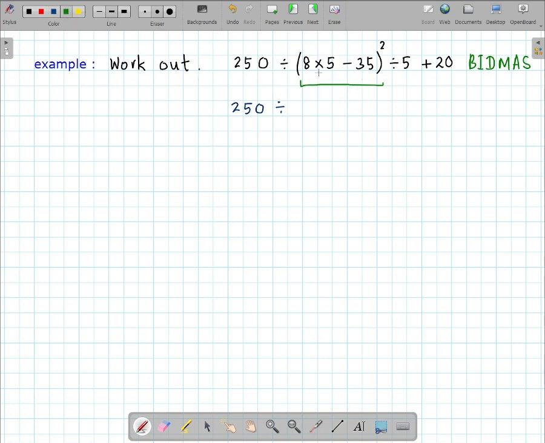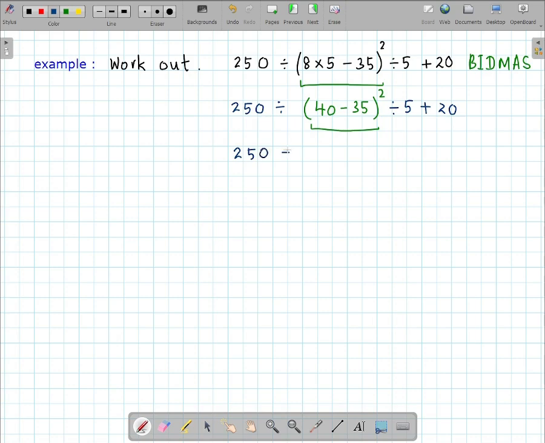So 8 times 5, that is 40, subtract 35 to the power 2, division 5 and 20. You can see still the brackets there, so I have to do bracket again.